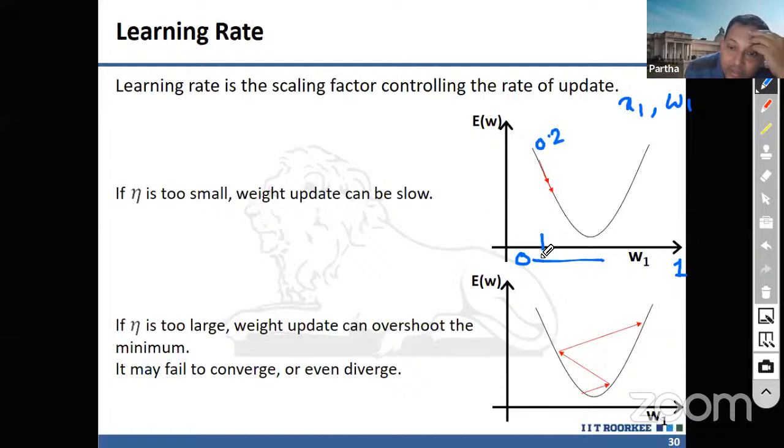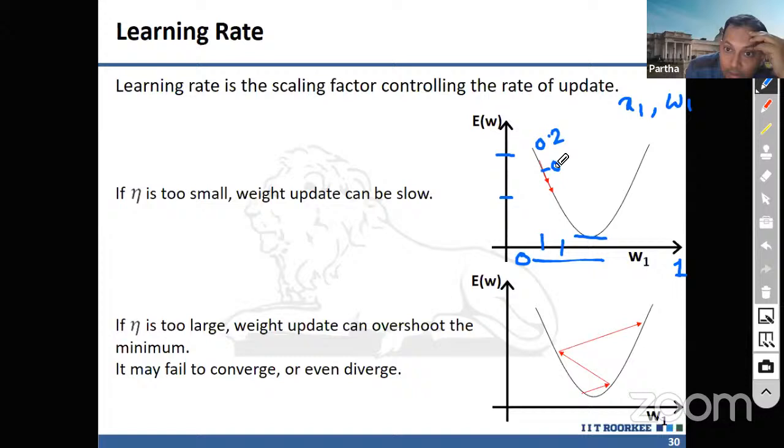If I consider w1 as 0, what is my error? If I consider 0.4, what is my error? So this is the error curve. This curve looks like this, and you see that this is the minimum. I start with some value, the error is 0.2, and then if I modify, this error is actually going down.